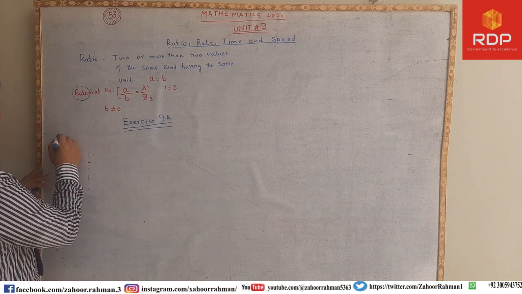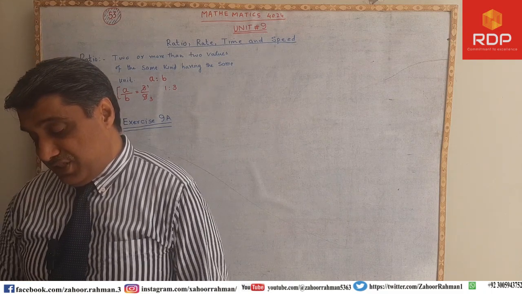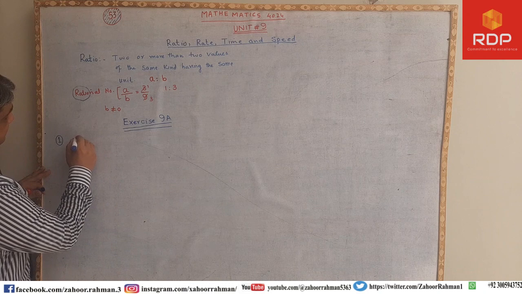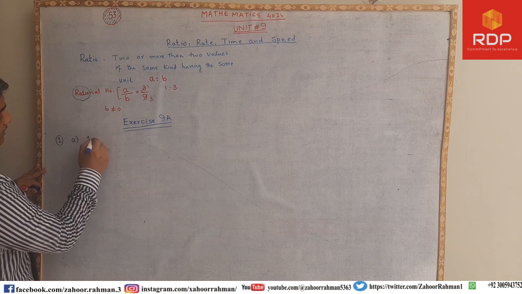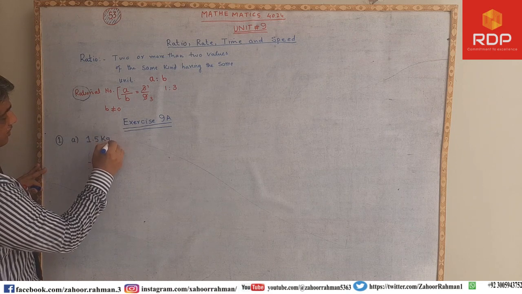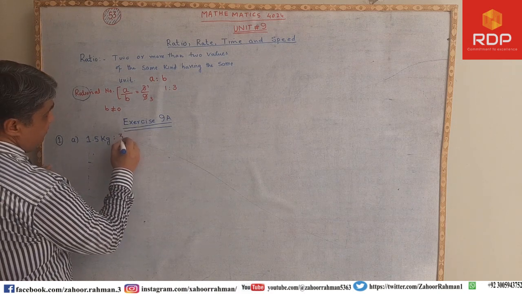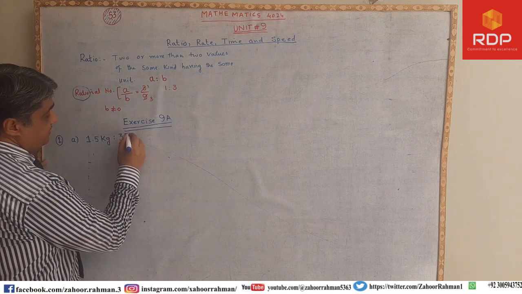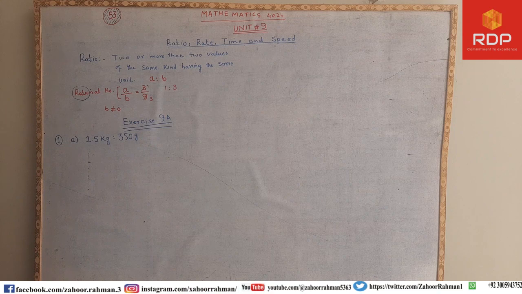The first question says simplify each of the following ratios, and they have given us 1.5 kilogram ratio 350 gram. Ladies and gentlemen, as a mathematician, our first job is to make these quantities in the same unit.